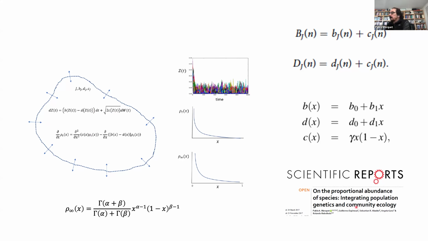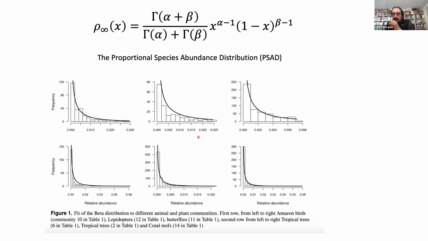We wrote a paper back in 2017, actually, not too long ago, showing that this fits the distribution very well for different kinds of things like birds in the Amazon, Lepidoptera, butterflies, tropical trees and coral reefs.